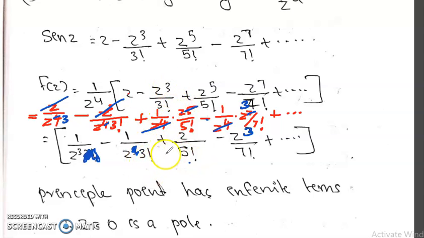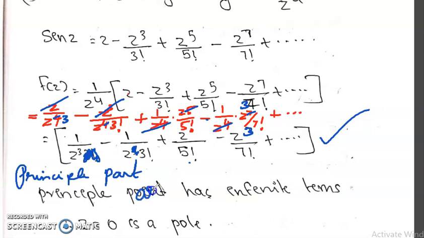Now what is the principal part in this final equation? Principal part is 1 by z cube as the first term, and the second term is minus 1 by z into 3 factorial.